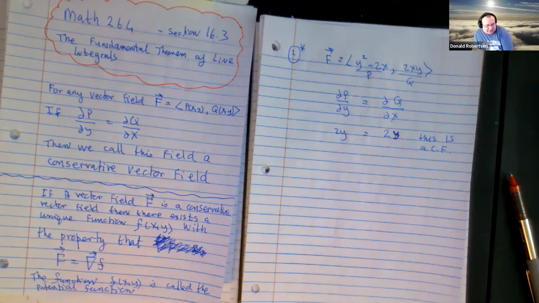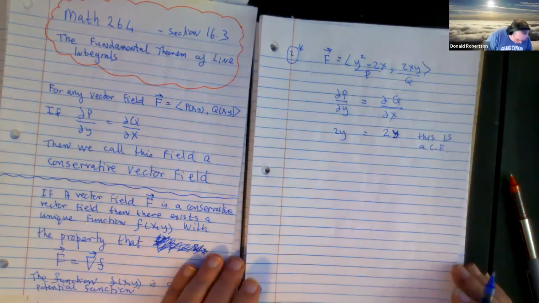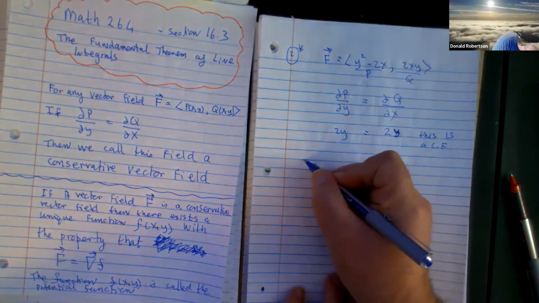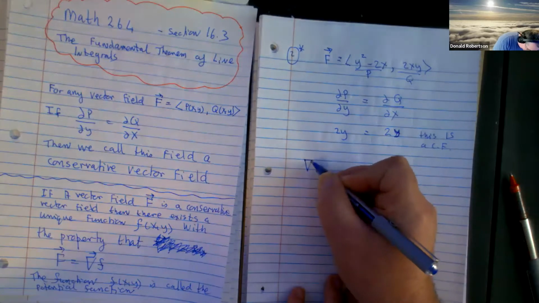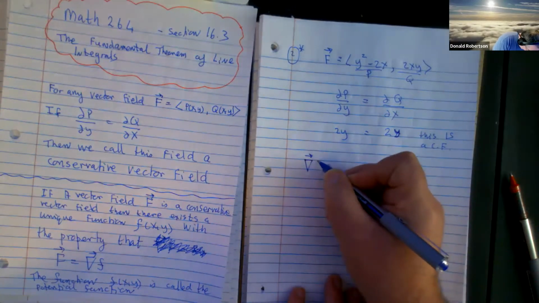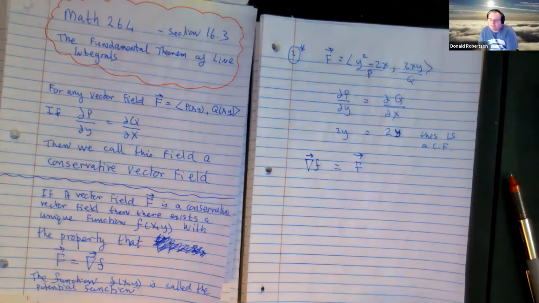And evidently, engineers love conservative fields, and they love to find things called potential functions because evidently they're important for whatever reason. I don't care, right? But that's what they are. So since this guy is a conservative field, I know that there's some function that has the property that this thing is equal to f. Agreed?